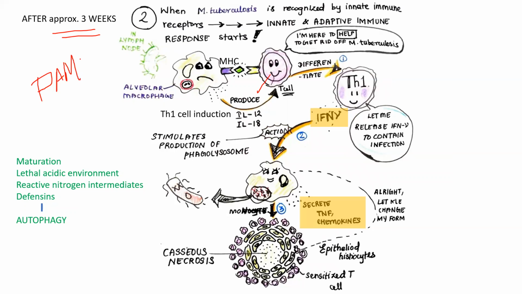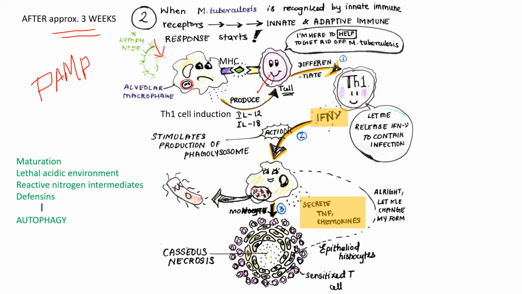These pathogen-associated molecular patterns bring about the interactions which initiate and enhance the innate and adaptive immunity response to Mycobacterium tuberculosis. After about 3 weeks, when your antigen passes through the lymph node, is when all these reactions happen.